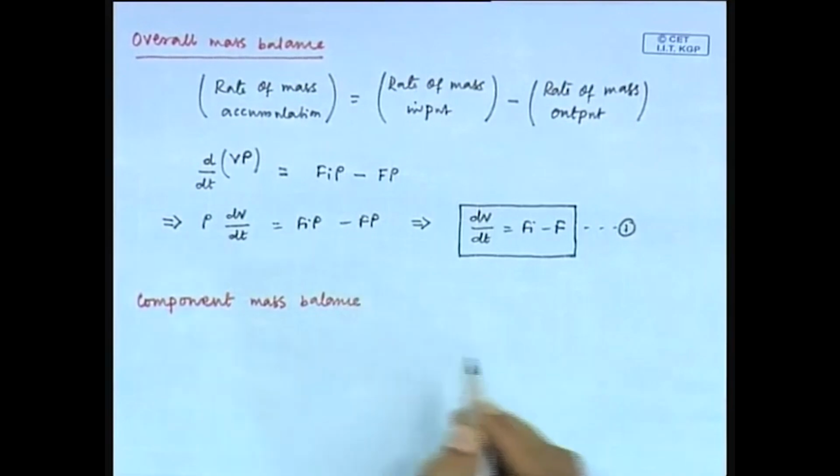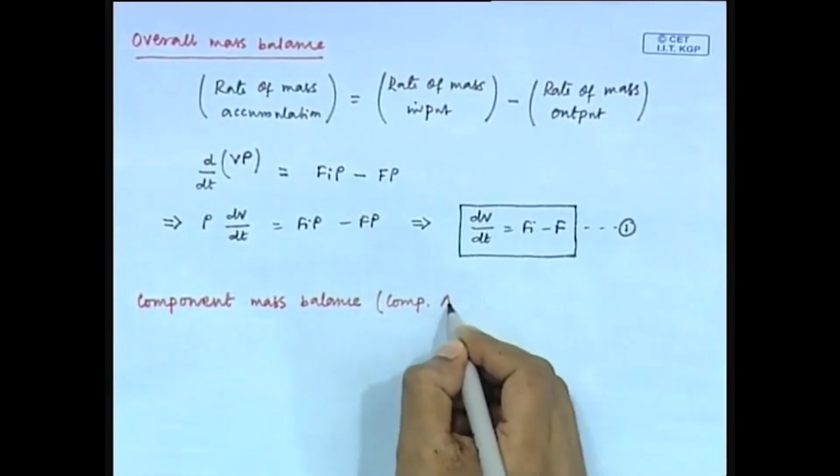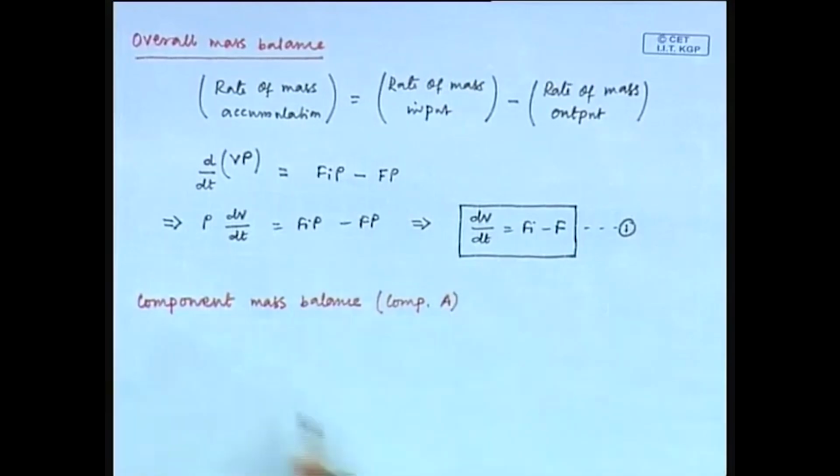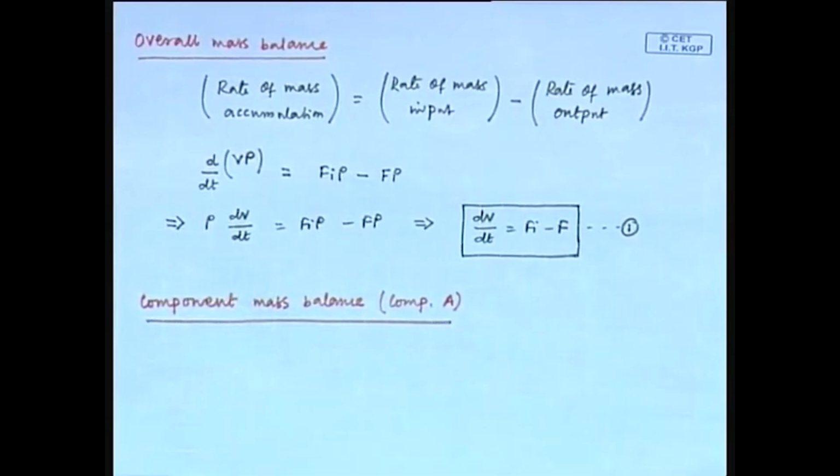Component mass balance, and the component is here component A. So, what is the conservation principle for this?